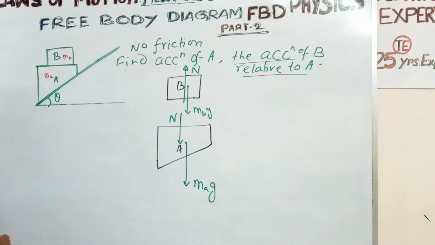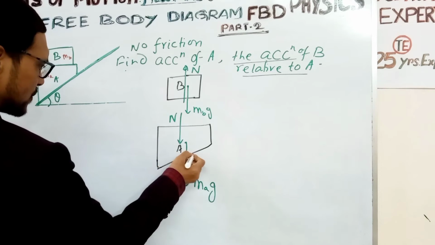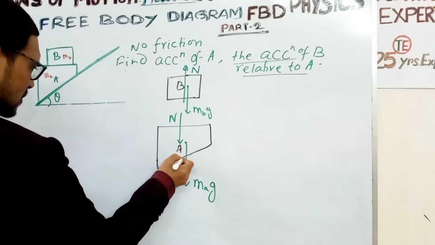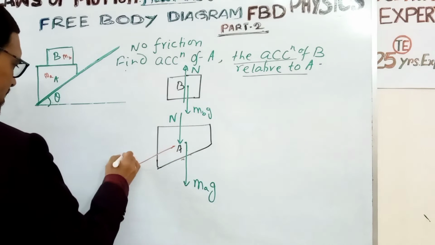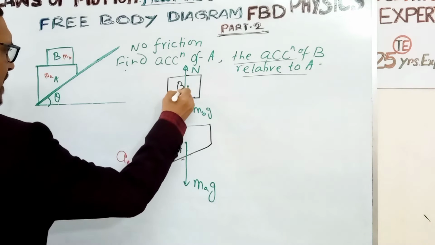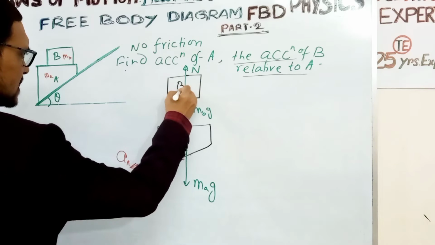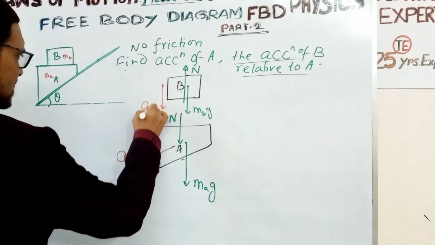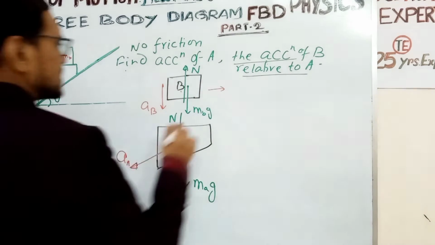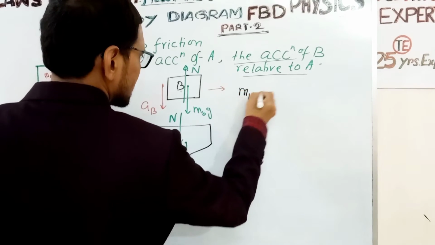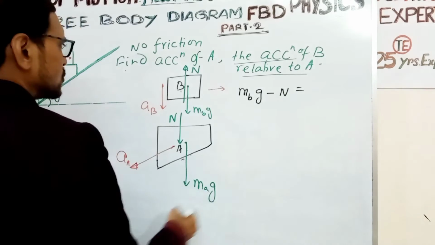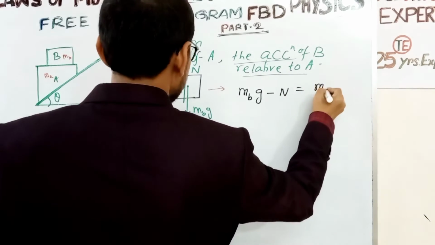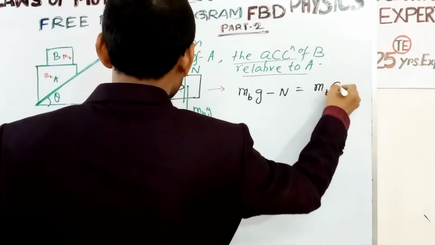Now this is the acceleration of block A along this way, suppose this is A, and the acceleration of block B is along this direction, AB. So MBg minus N equal to MB into AB.